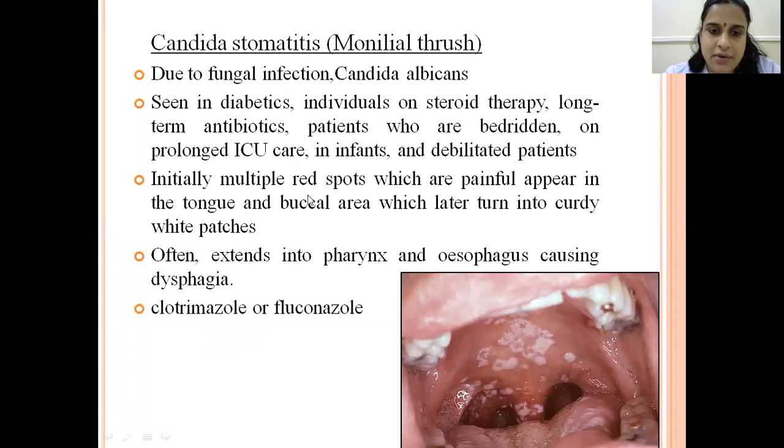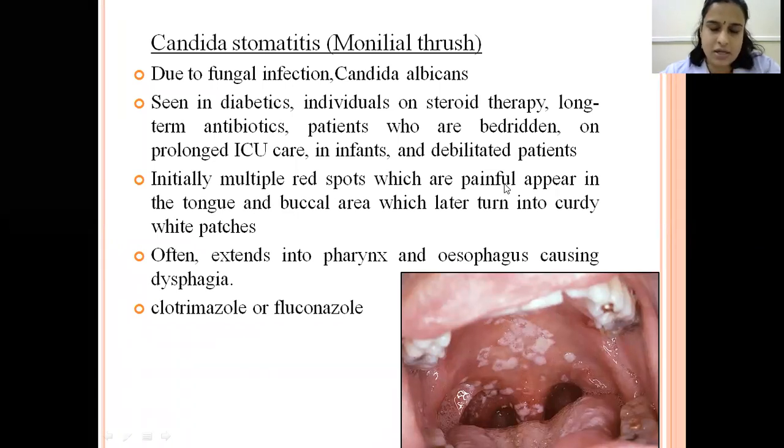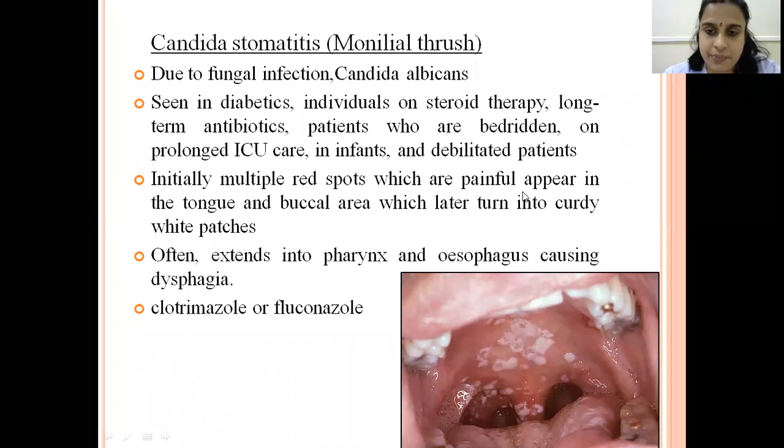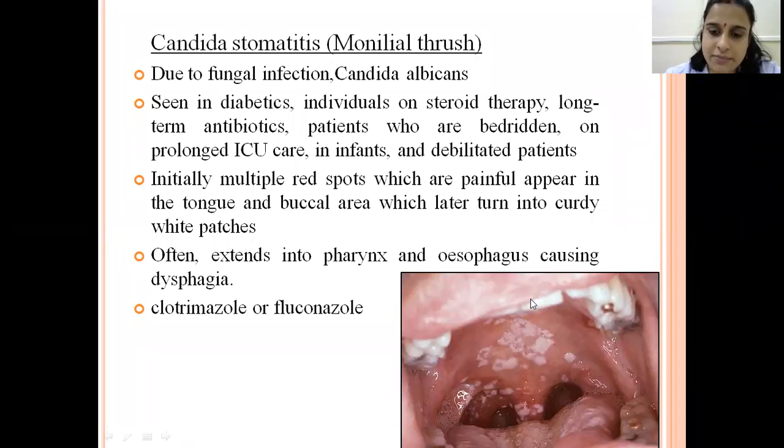Initially, there are multiple red spots which are painful, such pain that they cause difficulty in swallowing also. Initially, they appear on the tongue and the buccal region, which later turn into curdy white patches.